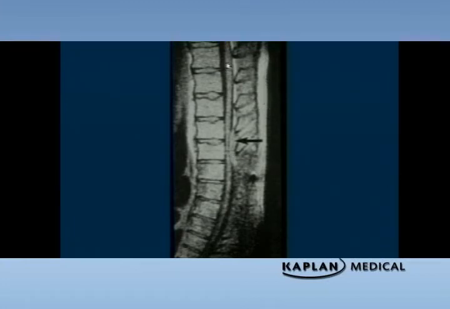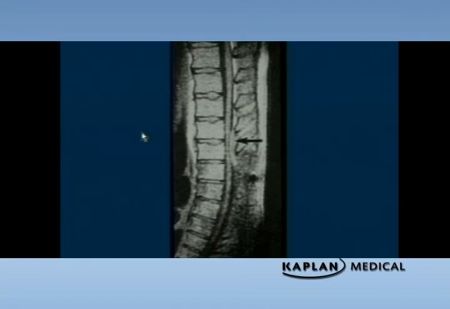You could see that the cord is very different from the cerebrospinal fluid bath that it sits in, different from the bone, from the nucleus pulposus of the discs, each piece is different. It's very detailed. MRIs revolutionized neuroradiology.